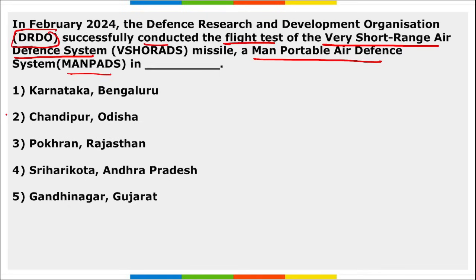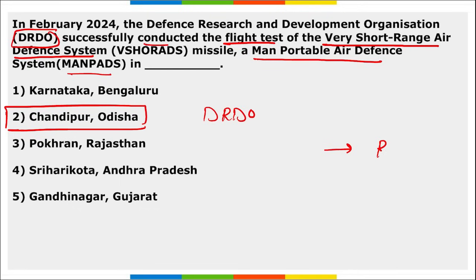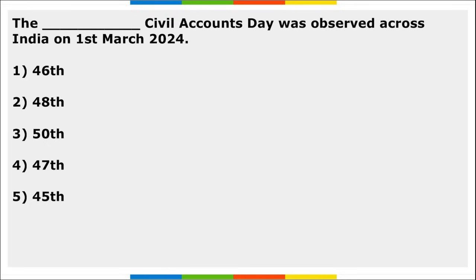It was at Chandipur off the coast of Odisha. Conducted by whom? It was conducted by DRDO. Right, and it was on 28th and 29th of Feb. Then this Very Short Range Air Defense System was designed and developed by Research Centre Imarat in collaboration with DRDO. Correct?